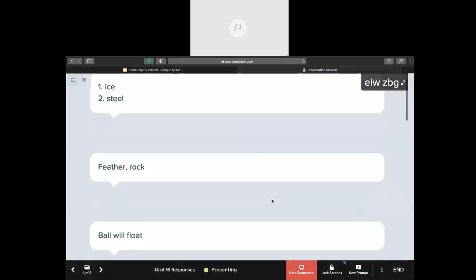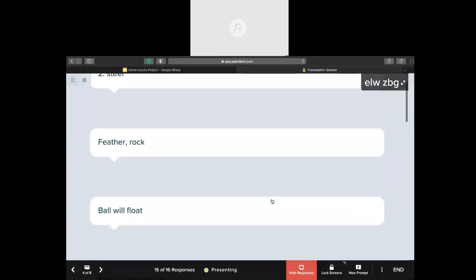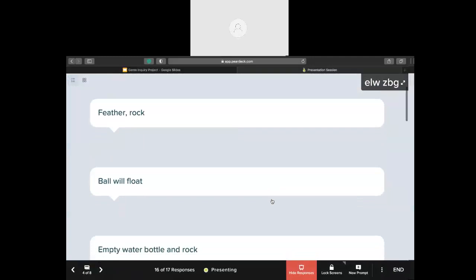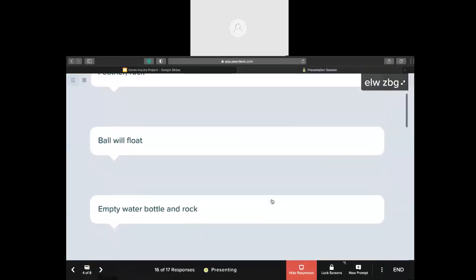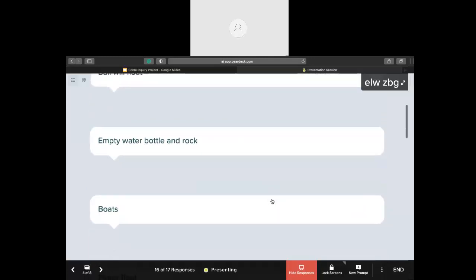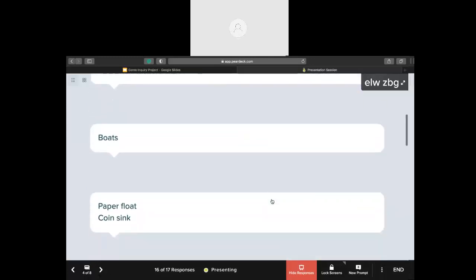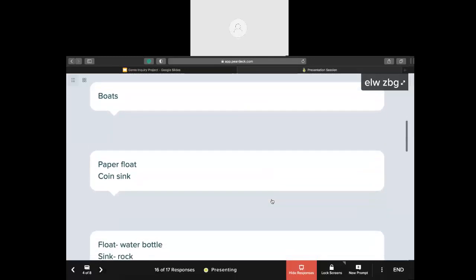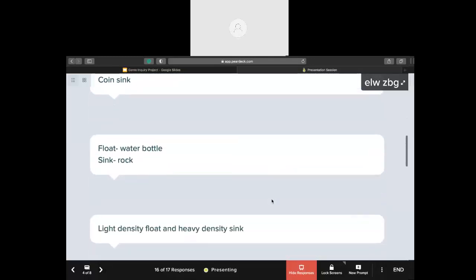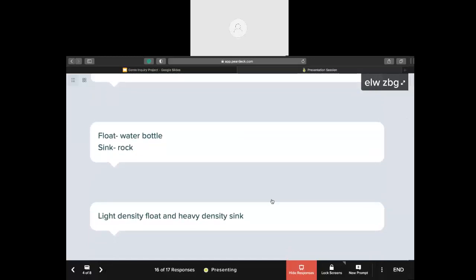Ice, steel, a feather, a ball will float, empty water bottle and rock, boats, paper float, sink. Okay, you are coming up with some super good answers. I'm so proud of you all.